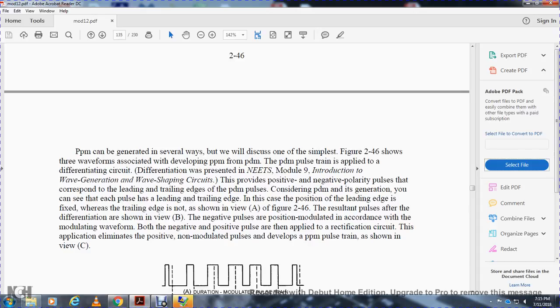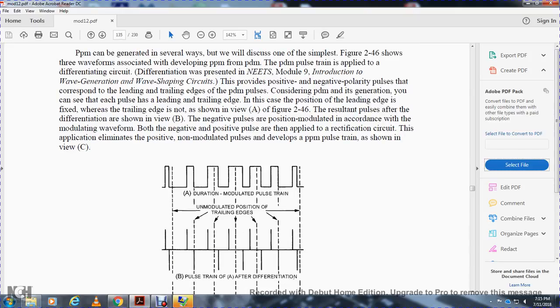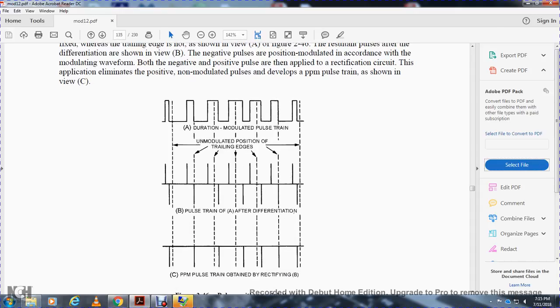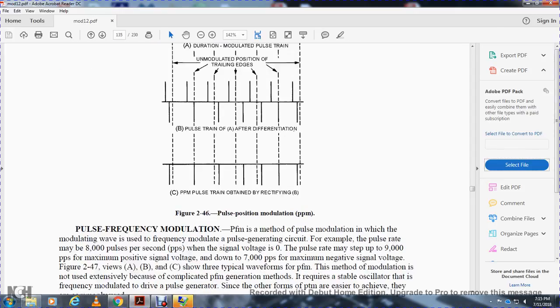This application eliminates the positive non-modulated pulses, developing the positive pulse position modulation pulse train shown in view C. View A is the duration modulated pulse train with the trailing edges modulated, view B is the pulse train after differentiation, and view C is the pulse position pulse train obtained by rectifying, as shown in figure 2-46.